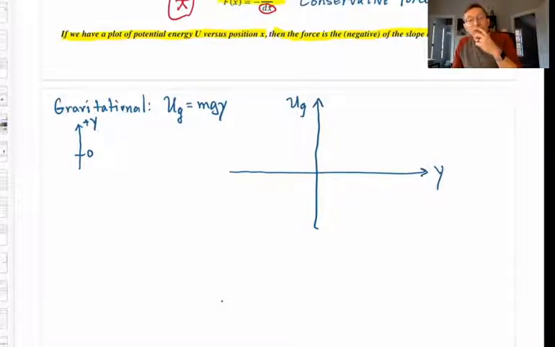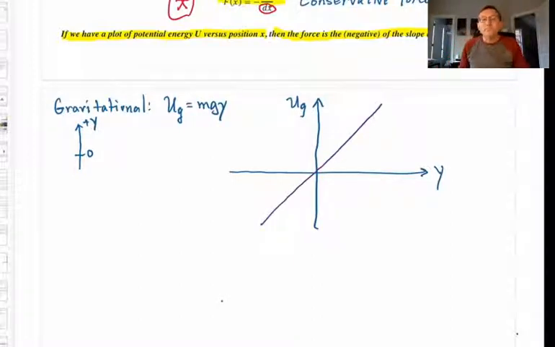So it's just linear in y, so it's just a straight line with a slope of m times g, which is positive, and 0 intercept. Like that. Okay? mgy. That's the potential energy curve for the gravitational case. That's all it is.